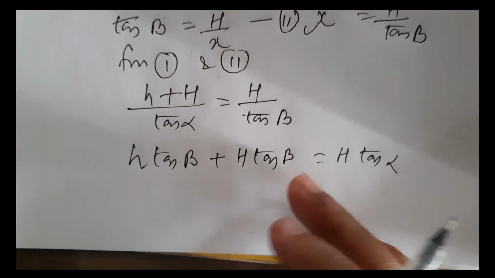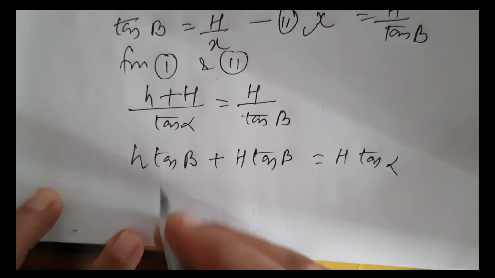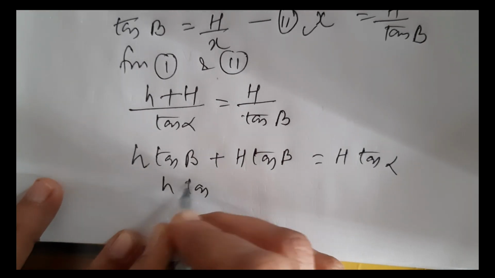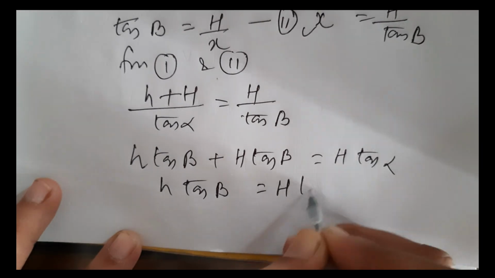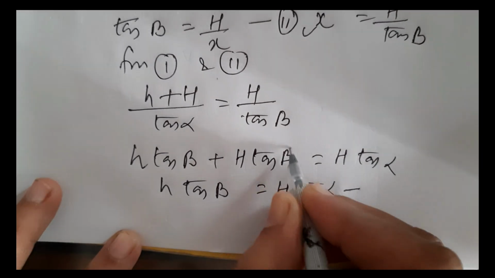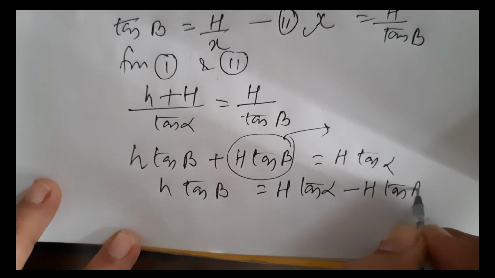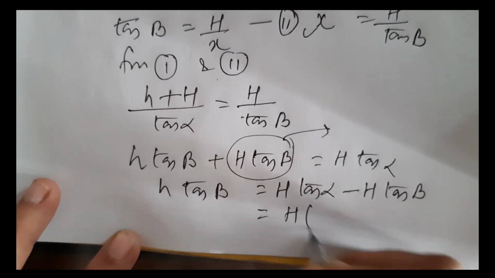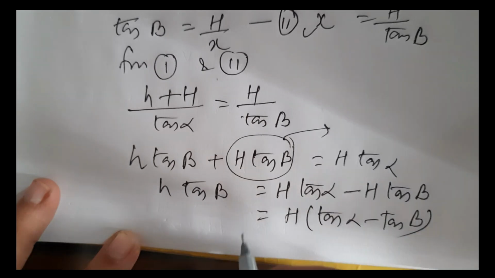We'll be shifting the capital H part towards one side as we need to find the capital H value. So h tan beta is equal to capital H tan alpha minus, now shifting this term towards the right, capital H tan beta. H can be taken common, thus it is tan alpha minus tan beta.